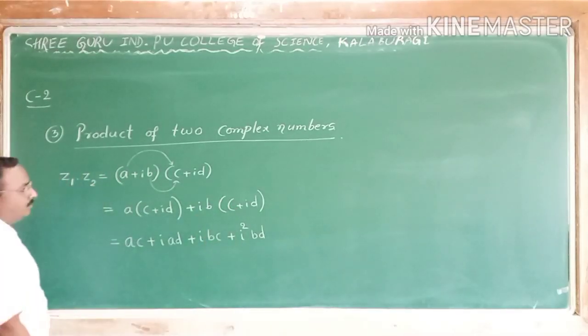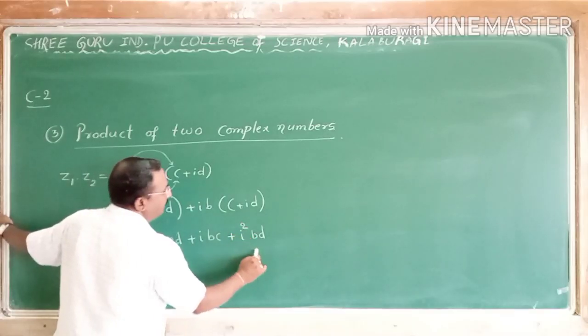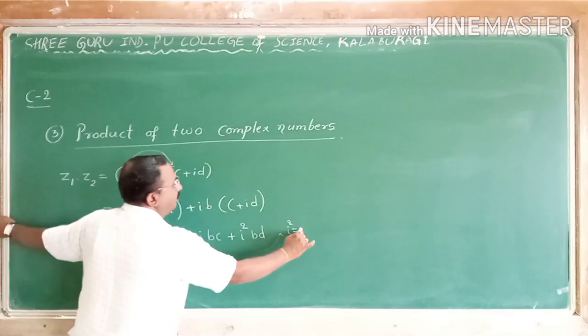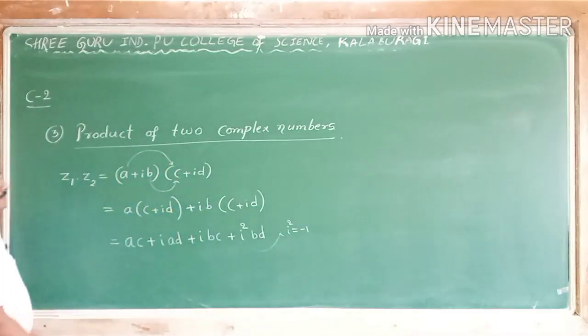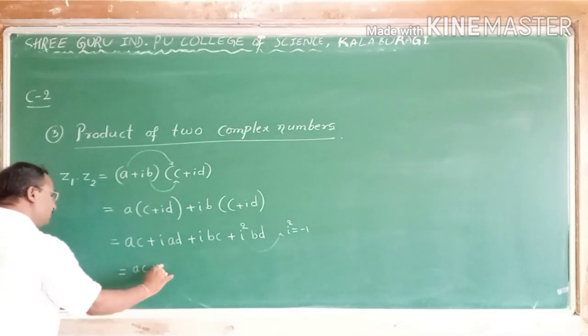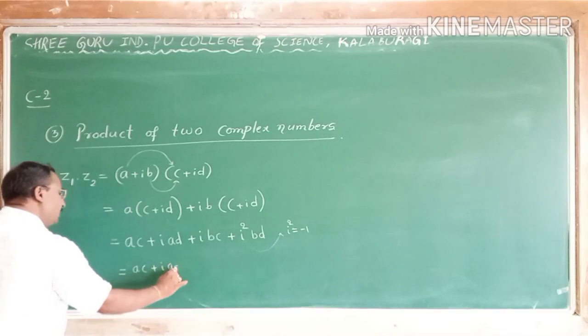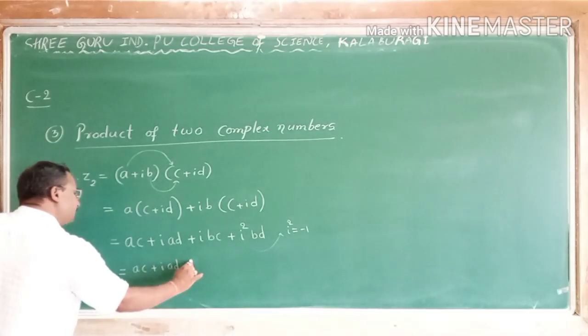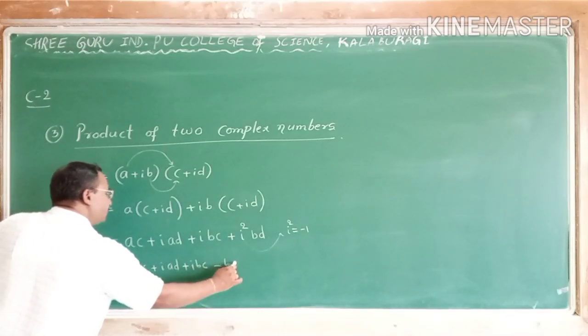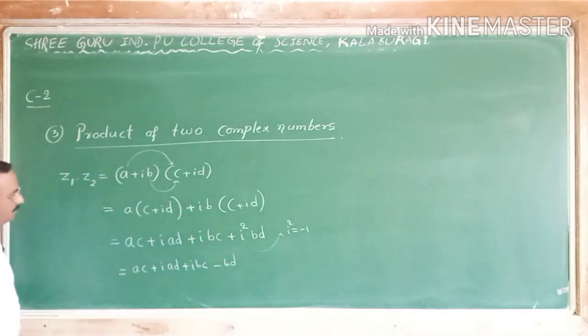Here we know that i square value is always what? Minus 1. That is ac plus i times of ad plus i times of bc, i square value minus 1, minus 1 into bd.